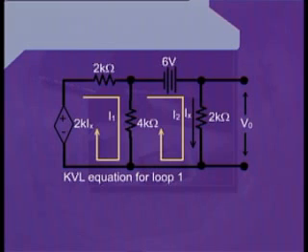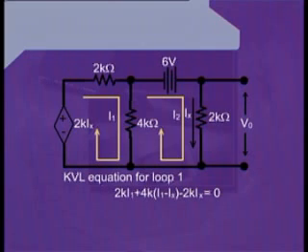Therefore, we can write 2K I1, that is, I1 is the current flowing through mesh 1, and this will give us the voltage drop which will appear across the resistance having a value 2K.